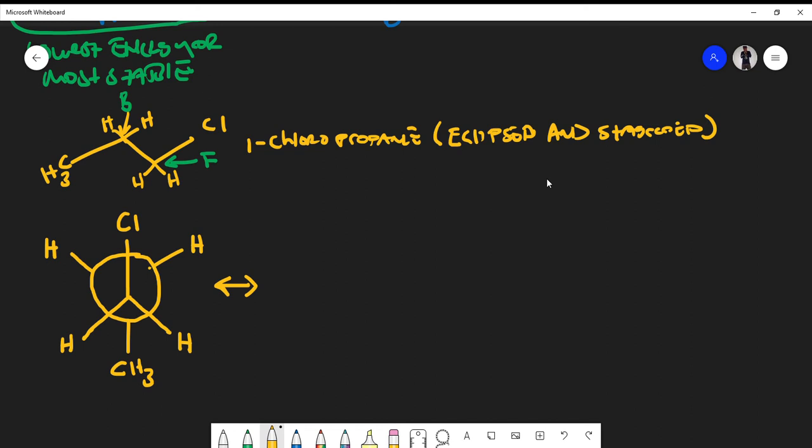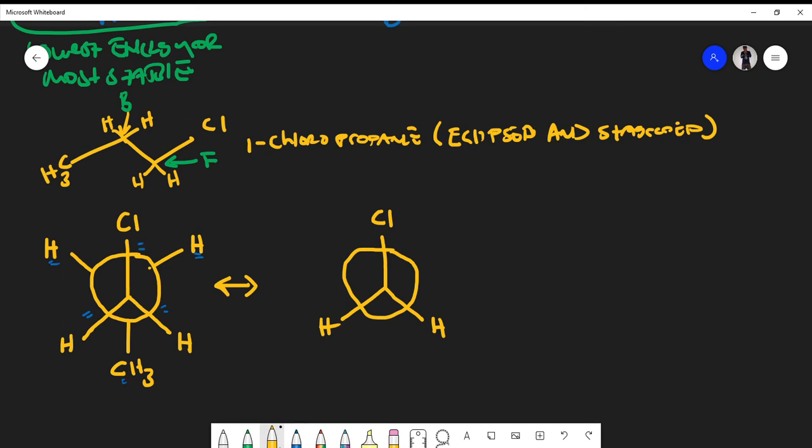So in other words, I'm going to draw my front carbon. Again, my chlorine is at the top. My hydrogens are in the same position. Front carbon does not change. On the back carbon now, stay with me. This hydrogen is going to move 60 degrees to right here. This CH3 is going to move 60 degrees to right here. And conversely, this hydrogen will move 60 degrees to right here.